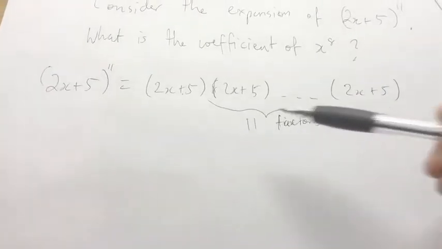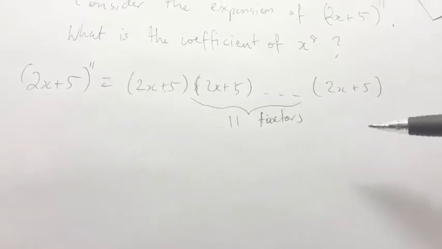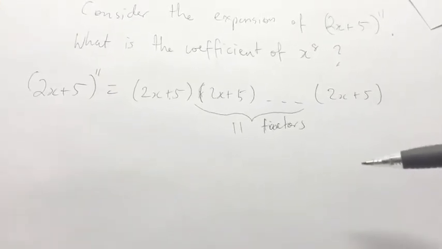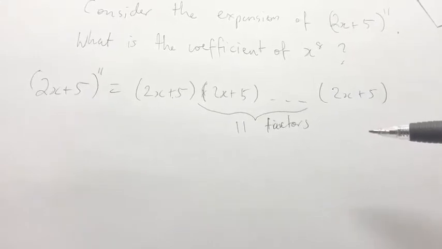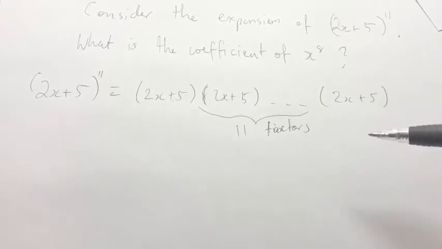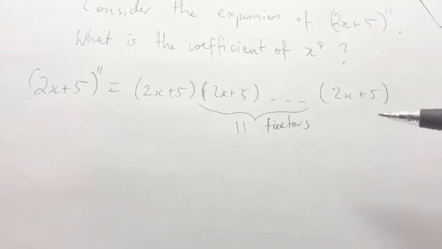So there's 2 to the 11 possible choices, which will give you 2 to the 11 terms. But then when you collect all the like terms, with the same power of x, you'll get just the 12 terms that correspond to the 12 different powers of x.